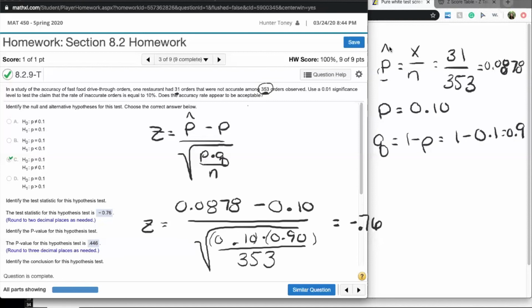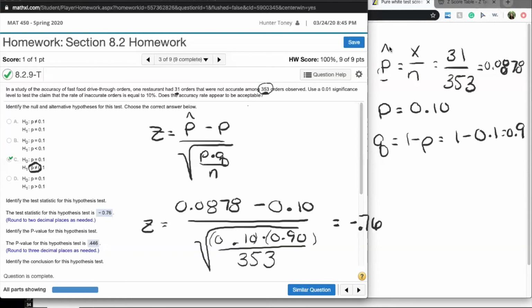And then to get our p-value, if it was one-tailed, it would just be the area we find in the table. But because it's going to be two-tailed, because we're dealing with an equals and not equals, it's going to be 2 times our area to cover both tails.